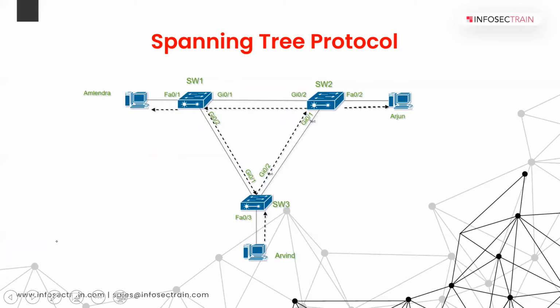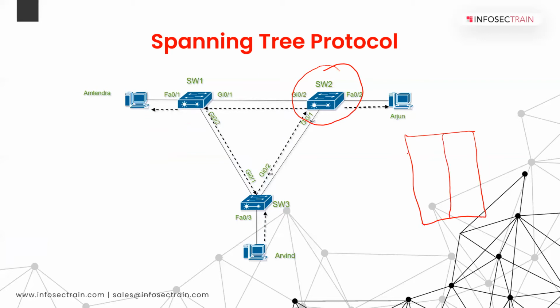Now, that's fine, it is looping around, but what is happening? Let's see it from the scenario of switch 2. Switch 2 has a CAM table, and CAM stands for content addressable memory table, right?